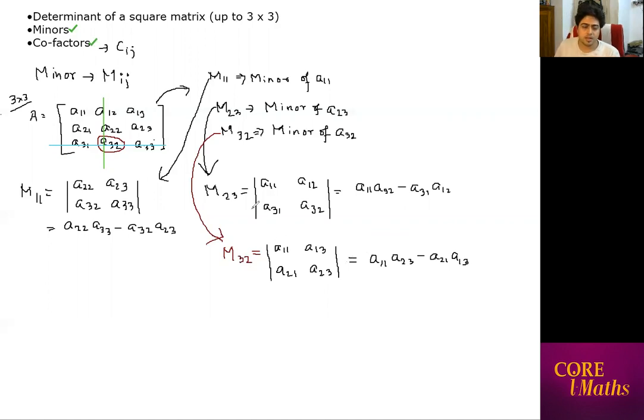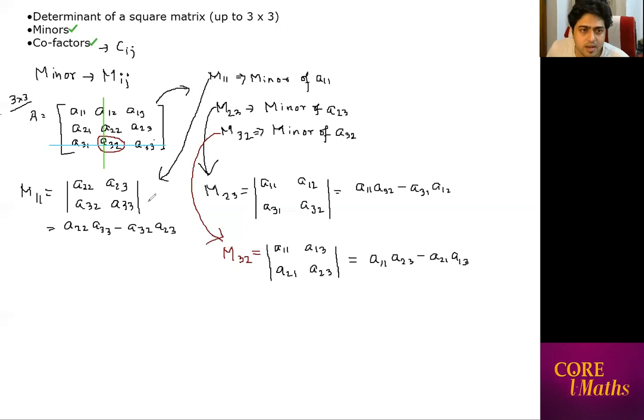Right? In this way, we can find out the minor value. So minor is nothing but the determinant value whose order is 1 less than the original square matrix order. And for every element, there will be one minor value. And for every element, there will also be one cofactor, which will be our next topic.